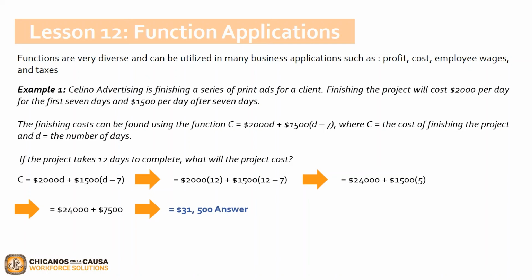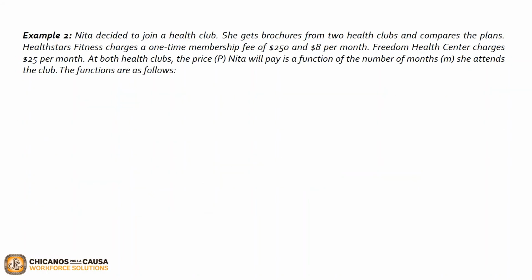Okay, let's move on to example 2. Nita decided to join a health club. She gets brochures from 2 health clubs and compares the plans. Health Stars Fitness charges a one-time membership fee of $250 and $8 per month. Freedom Health Center charges $25 per month.